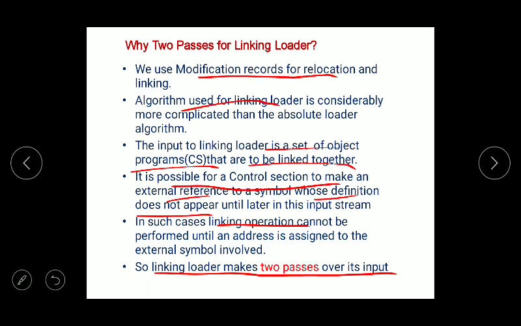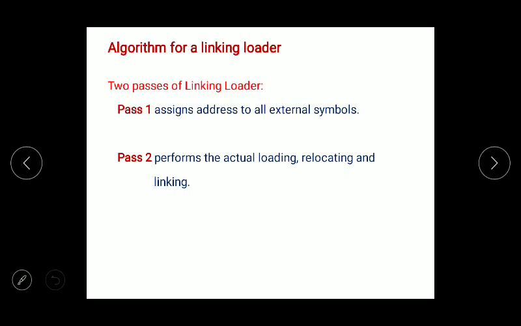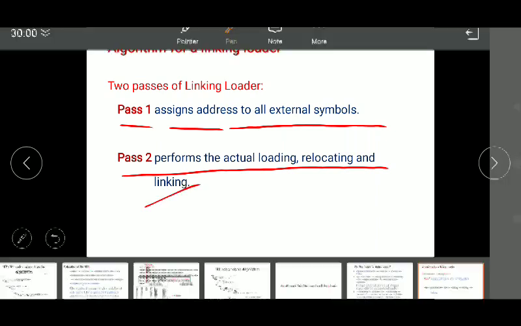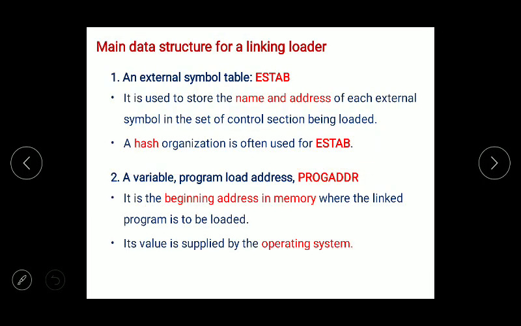Here, pass 1 assigns addresses to all external symbols, whereas in pass 1 of the assembler, memory location counter values are assigned to the symbols. Pass 2 performs the actual loading, relocating and linking procedure. Okay, we'll discuss one by one.